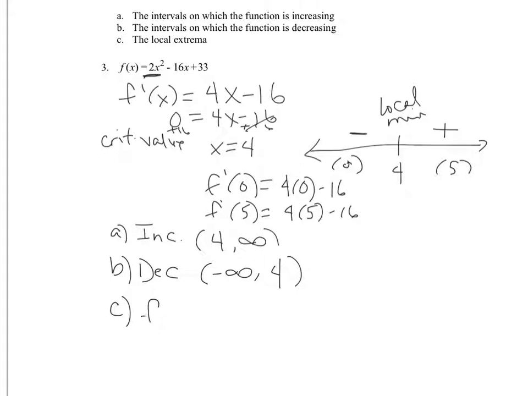I need to take 4 and plug it into the original function in order to know where is the point where that extrema occurs. So I'll have 2 times 4 squared minus 16 times 4 plus 33. Okay, you guys clean that up and see if you can tell me where does this local minimum occur.